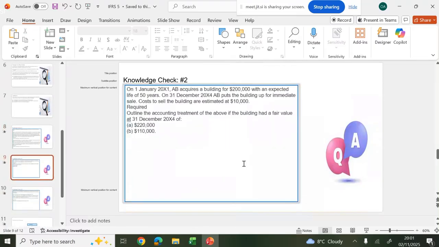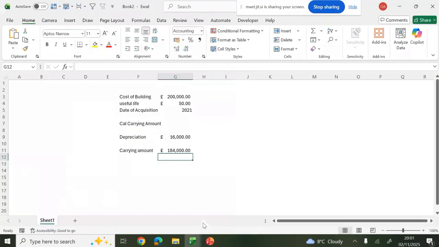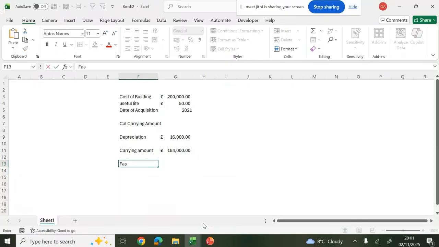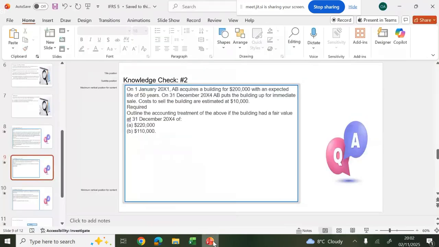So in this scenario, we have the fair value to be 220,000, right? Fair value is 220,000.